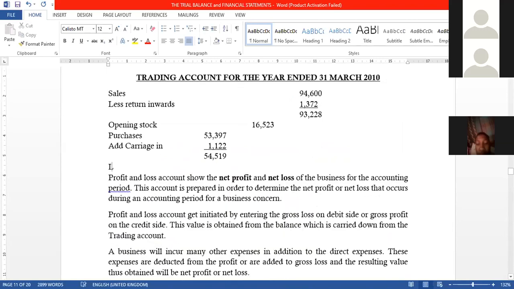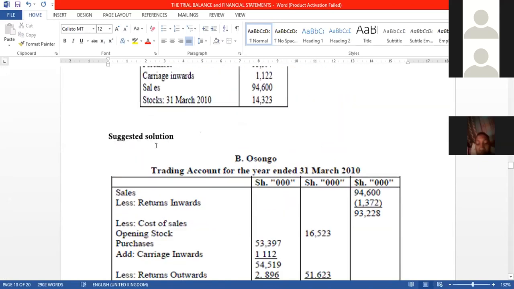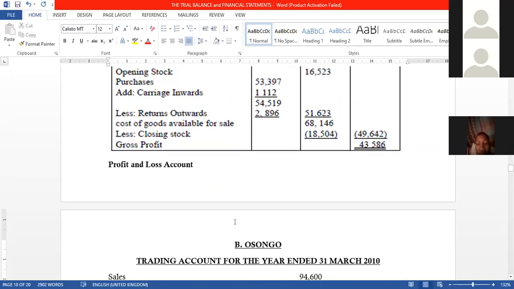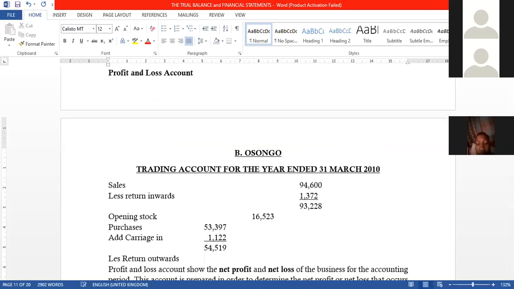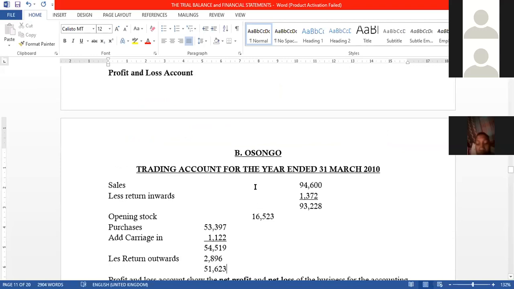So here, less return outward, 2896. 54,519 minus 2896, we get 51,623.